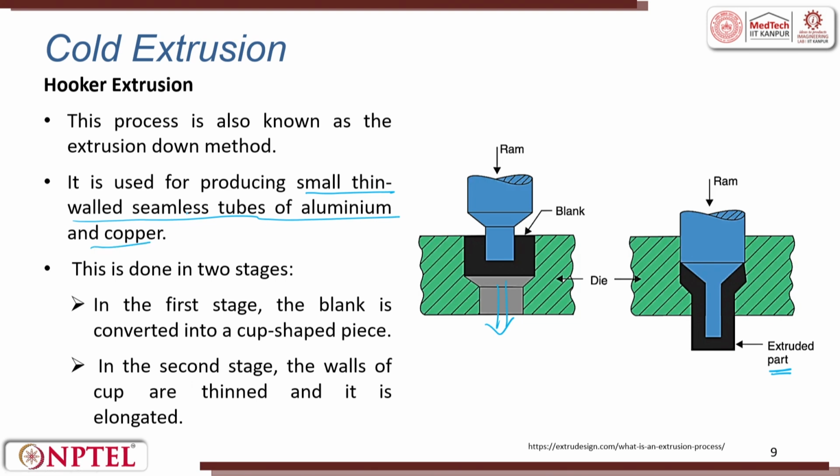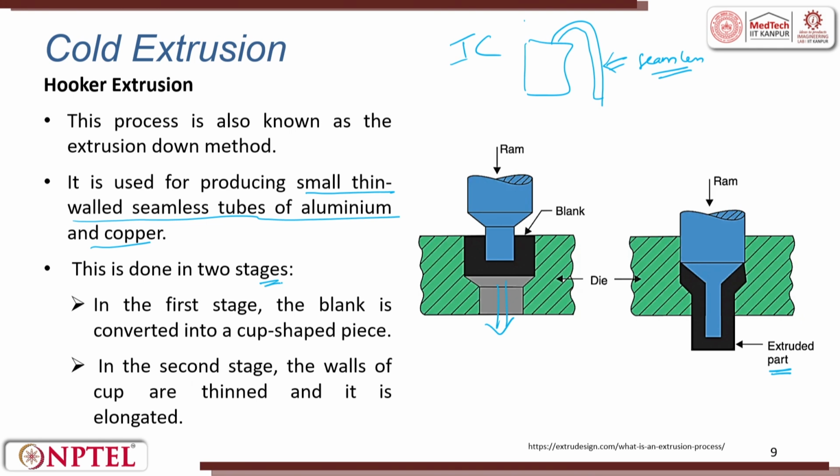What is so special about these seamless tubes? When you have a very high pressure to be moved inside, if you see your IC engine, there will be a pipe which goes like this. These pipes are seamless pipes, and they take very high pressure, and seamless pipes are very much used for heat exchangers.